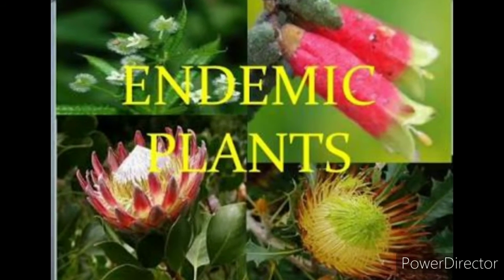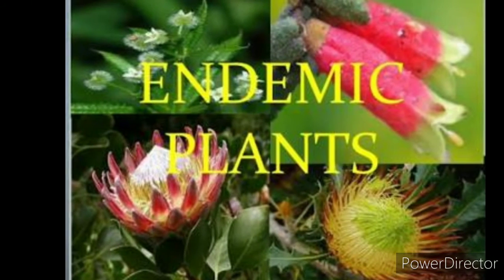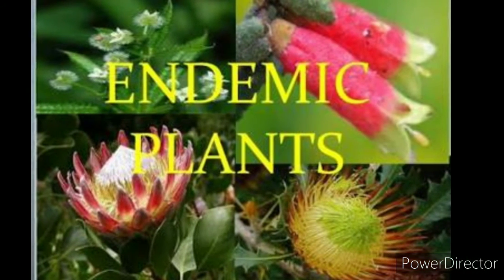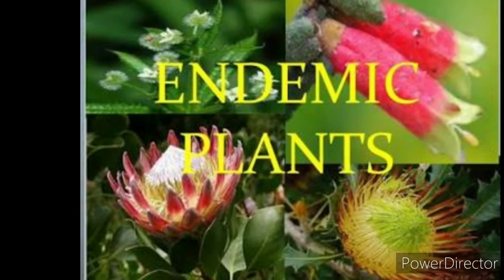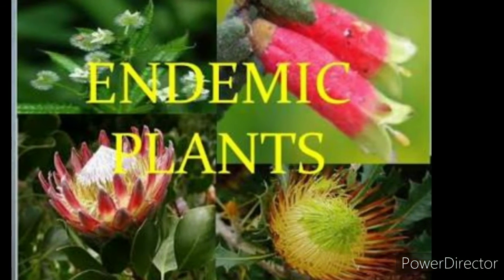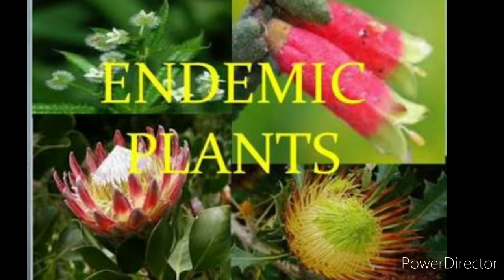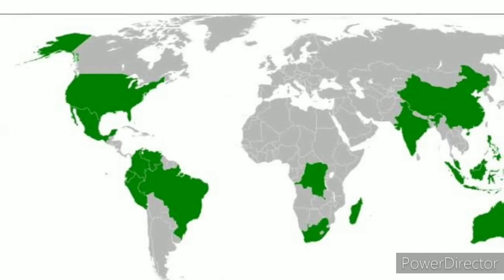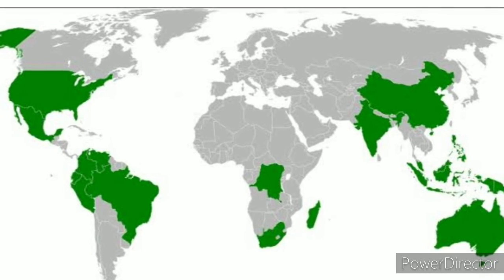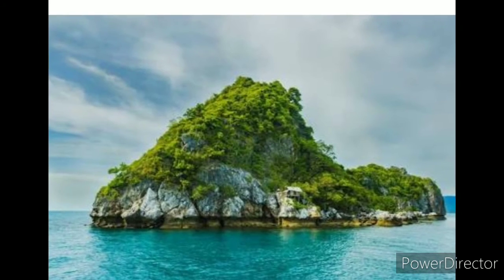Next one is endemic centers and endemic plants. Endemic species are plants and animals that exist only in one geographic region. Species can be endemic to large or small areas of the earth. Some are endemic to a particular continent, some to a part of a continent and others to a single island.